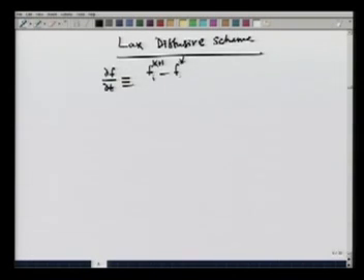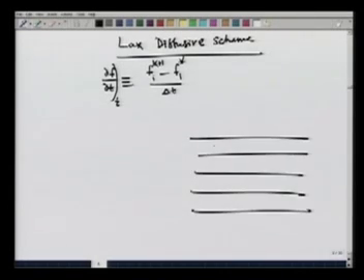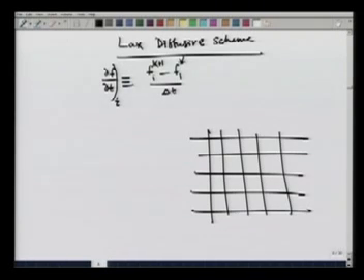I will come to this star business. Look at this expression very carefully. This partial derivative term is made equivalent to this algebraic term, and this is for node I. That means, if you remember my finite difference grid, let us say this is a particular I, and I am trying to evaluate the time derivative term at this node.